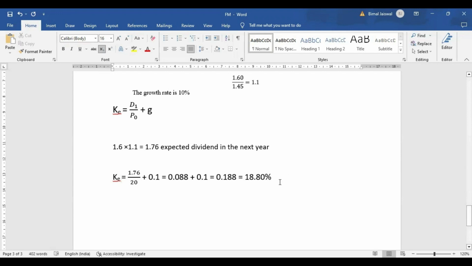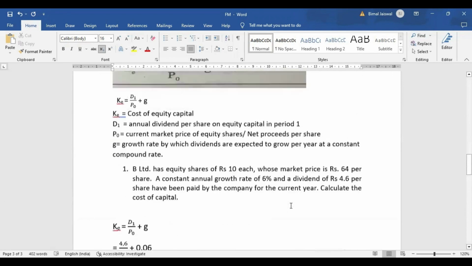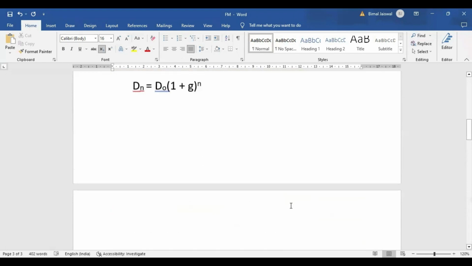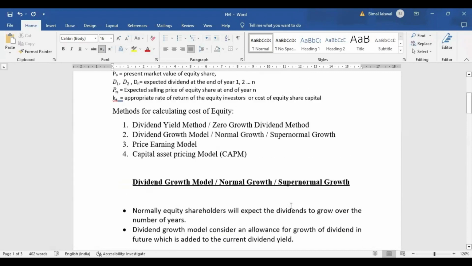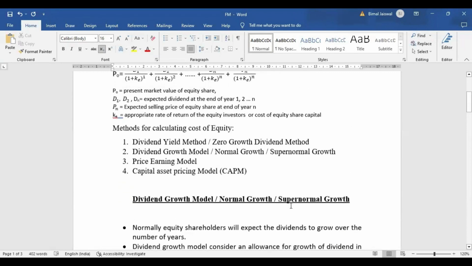So in this way, we have made an effort to calculate the cost of equity when the dividend is growing at a constant rate, that is, the dividend growth model, which is normal growth. The concept of normal growth, the constant growth, we have seen.